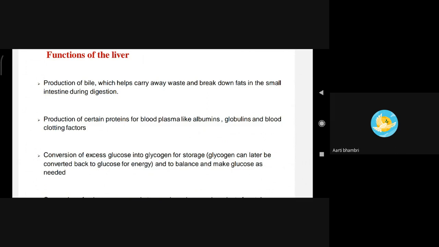Coagulation factors means blood clotting factors. If any injury takes place in our body, then blood loss occurs, but the blood loss also stops at a certain point. Why does this blood loss stop? Because our body is self-healing, or our body has a very good mechanism made by the divine god, that our body can heal itself.